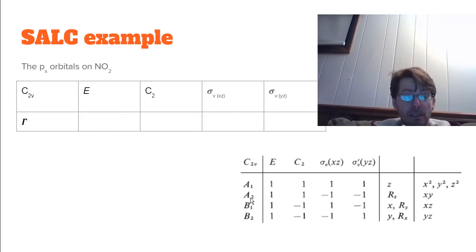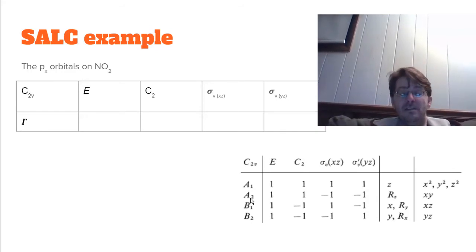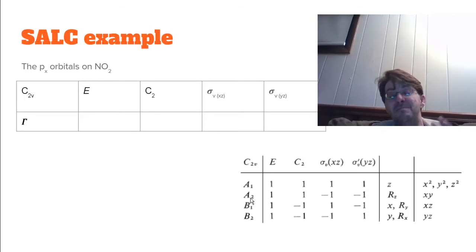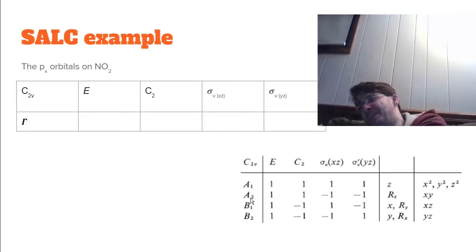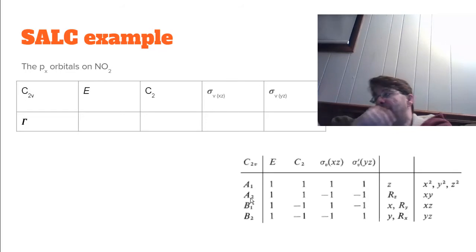So this represents what we call a symmetry-adapted linear combination. We've combined those orbitals in two ways. This is a long, drawn-out process, especially when you get to 3, 4 atoms. But your book has already done it for you. At the back of your book are these little pictures that represent symmetry-adapted linear combinations.